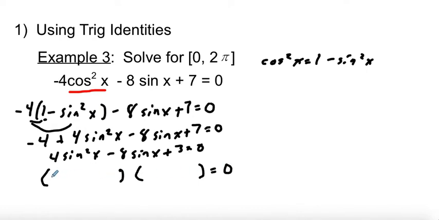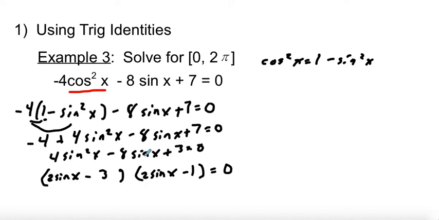So 4 sine squared x there, I'm going to say, oh yeah, 2 sine x times 2 sine x will give me 4 sine squared x. What multiplies to give me a positive 3 but adds to give me a negative? Oh yeah, one's got to be a minus 3 and one's got to be a minus 1. So if I check my inners and outers here, I've got a minus 6 sine x and a minus 2 sine x, which adds to give me a minus 8 sine x.